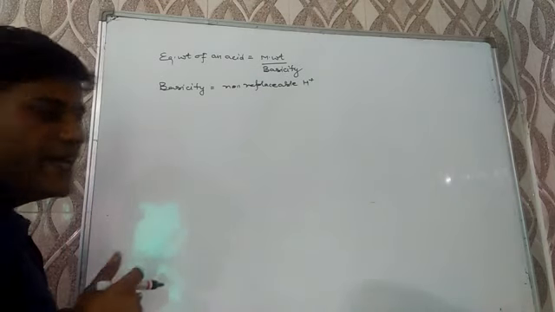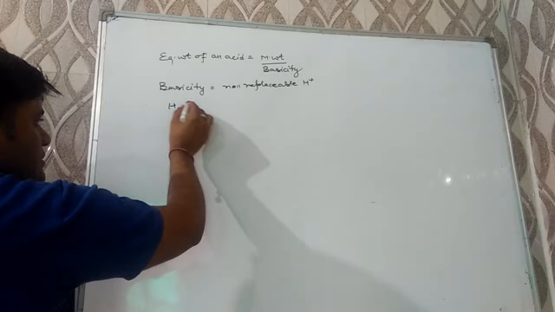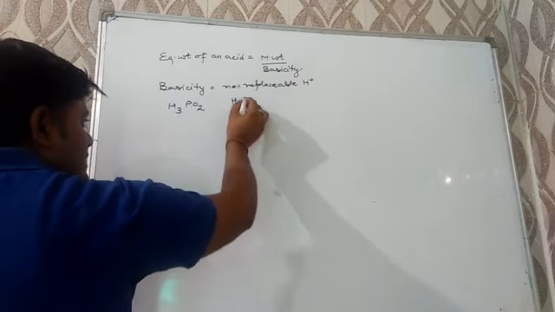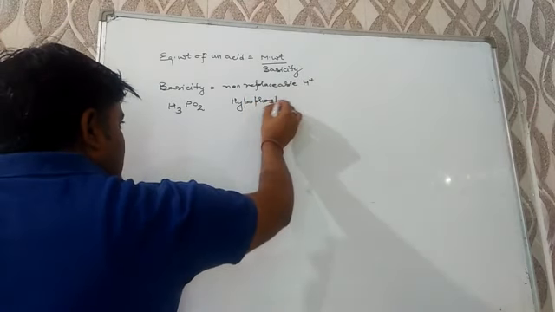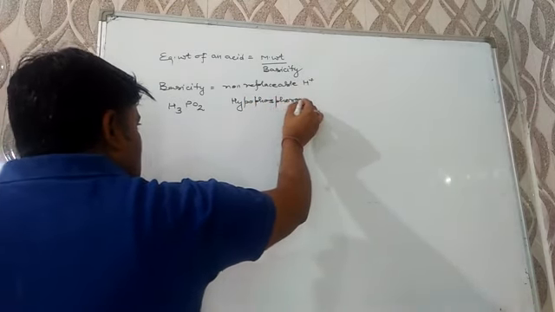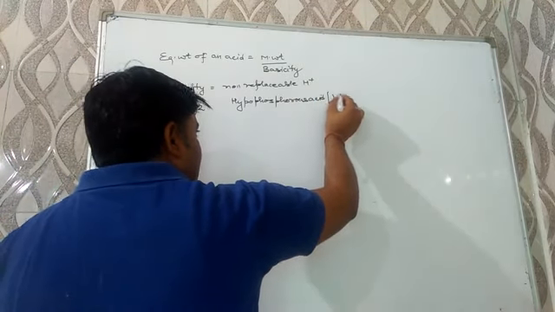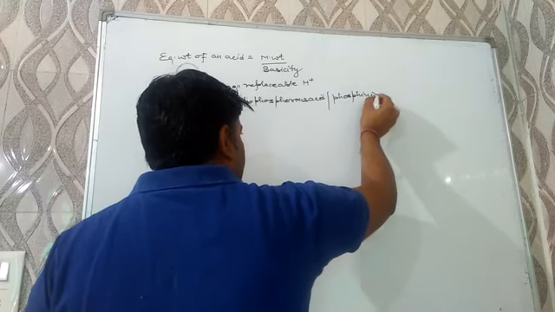Once again, I am repeating here. The first one is H3PO2, and name of it is hypophosphorus acid or phosphinic acid.